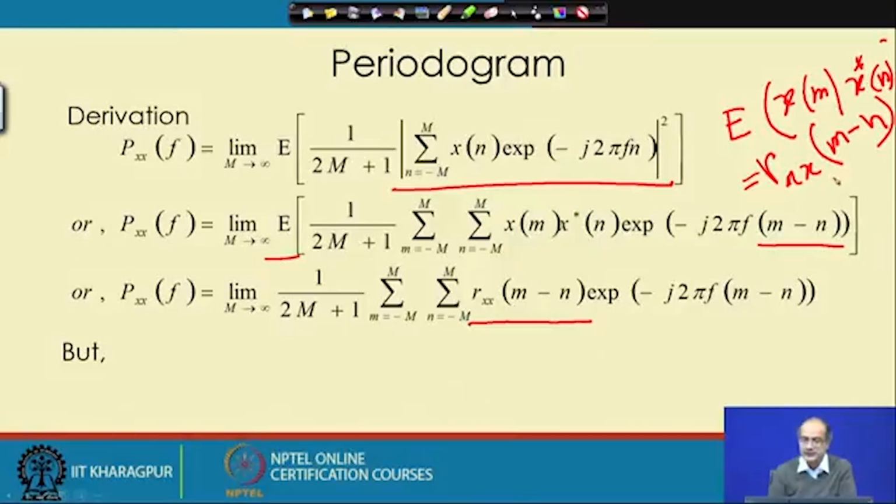Over the time, if we change, it will not change with the time, even if we shift the indices of time, that is m and n, and it depends on the difference of these two time instances, and that is why we could write it in that way. Otherwise, we need to go for a more complicated kind of thing, we have to write m comma n.